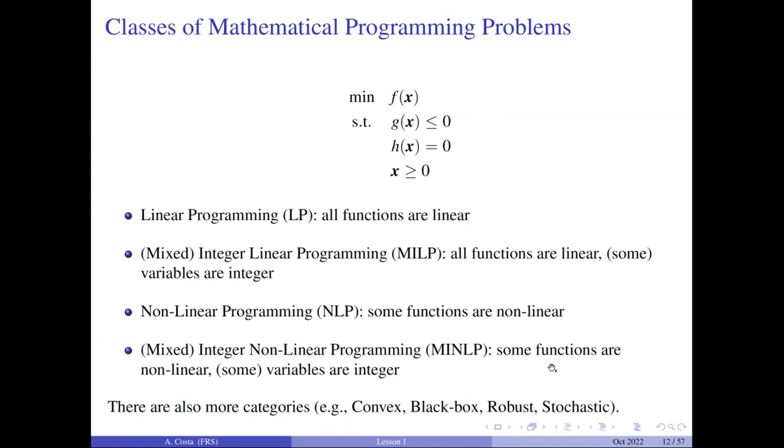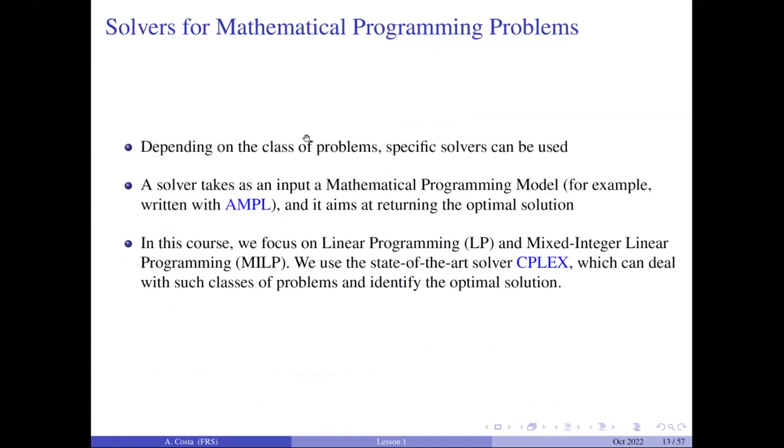We don't really touch on that. We will say something about robust in the next lecture, but for now, we are looking at linear and mixed integer linear. Mixed means that you may have some variables integer, some not. Okay, so again, we are looking at these first two classes of problems.